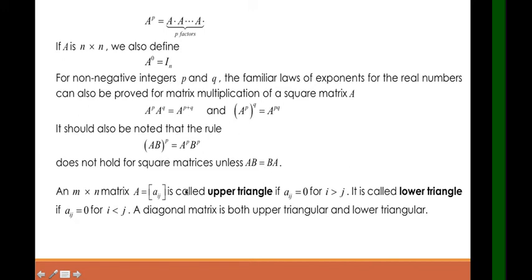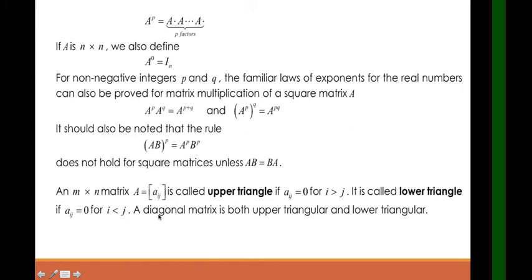An m by n matrix A equals the square bracket of a sub ij is called upper triangular if a sub ij is equal to 0 for i greater than j. It is called lower triangular if a sub ij is equal to 0 for i less than j. And as we all know, i is the number of rows and j is the number of columns.